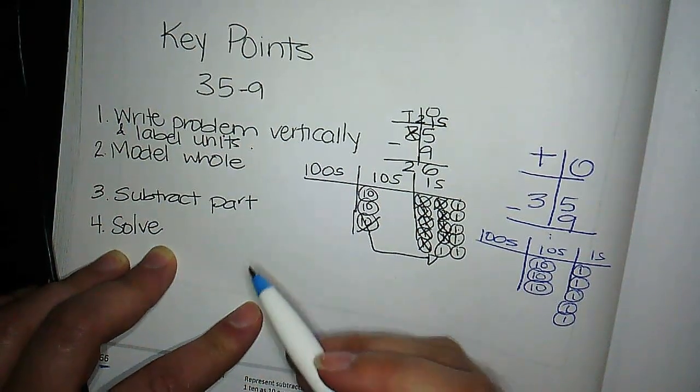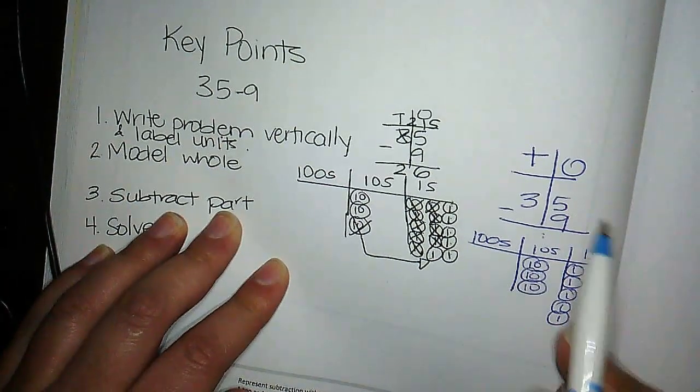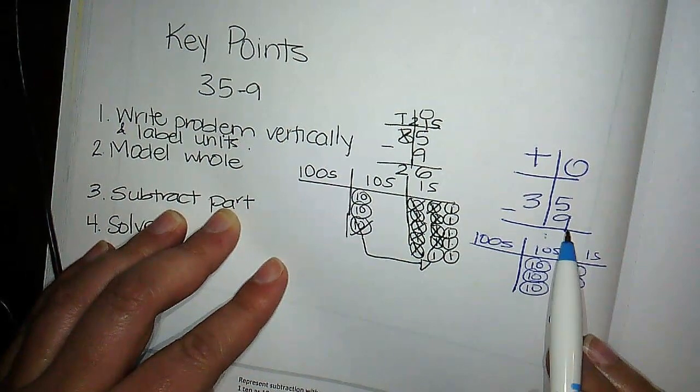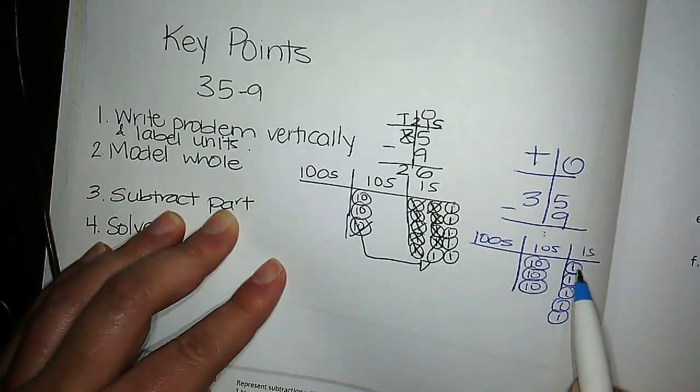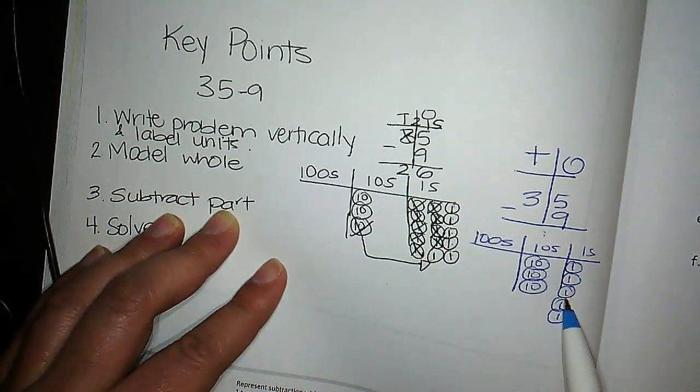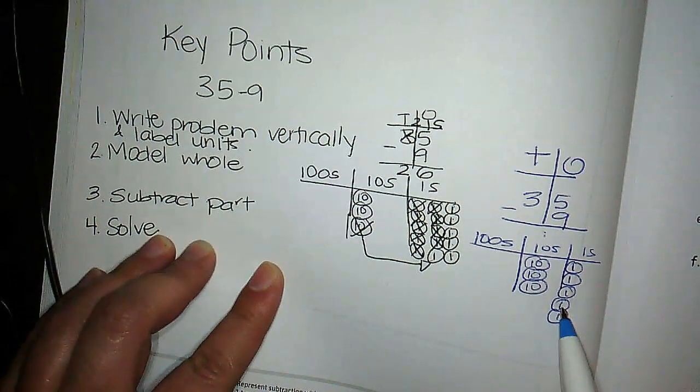Okay, looking at the screen, because this is what it means to subtract the part. I have 35 and I take away 9 ones. Well, let's see. I have 1, 2, 3, 4, 5. I don't have enough ones. So I have to decompose.